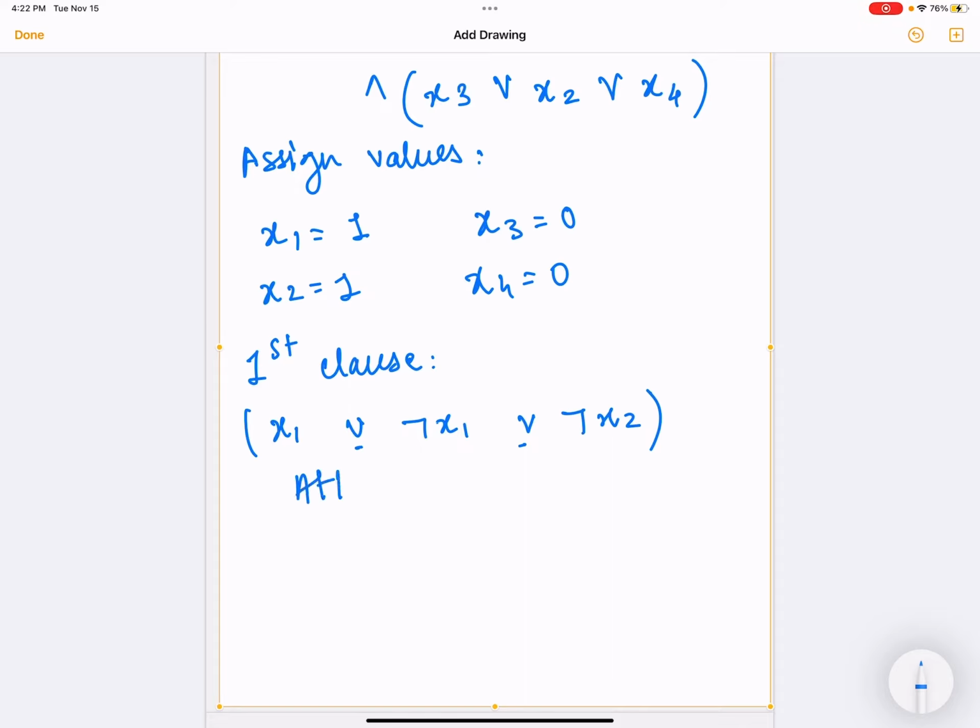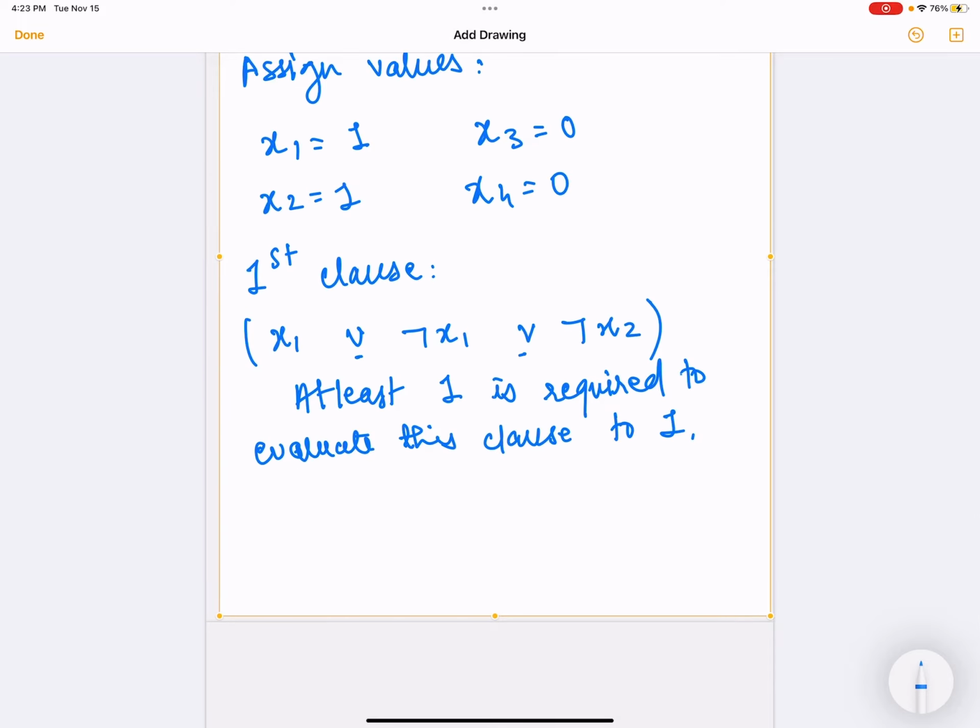So at least 1 is required to evaluate this clause to 1. So now let's put the values here. So x1 is equal to 1. So 1 with negation of 1, that is 0, and negation of x2, that is 0. But as we have here a disjunction operator, 1 with 0 and 0 will always give us 1.